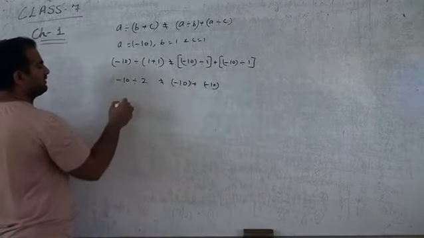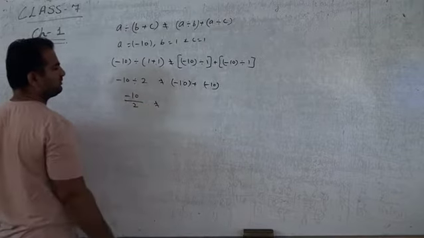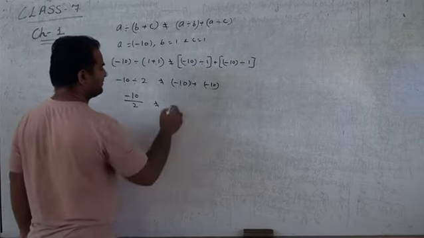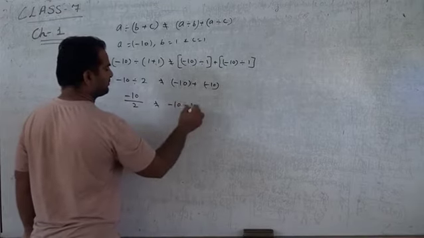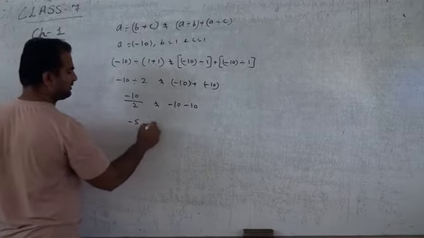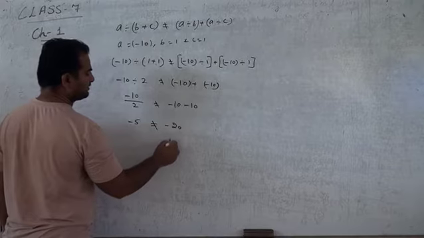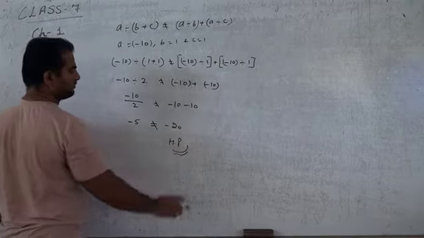We can write it like minus 10 upon 2, which is minus 5, is not equal to minus 20, hence proved.